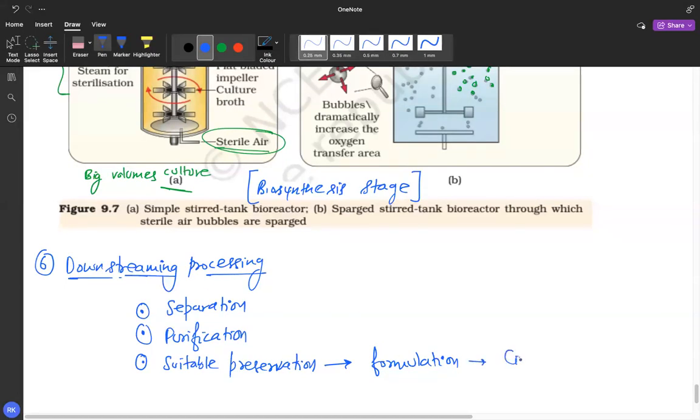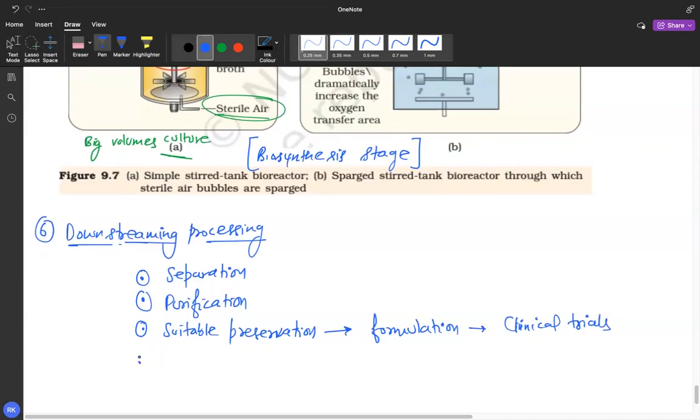For clinical trials. Whatever drug we are making, it has to go through clinical trials, different phases, 1, 2, 3. I think the third is where the human trials are done. Before that, there are animal trials. And if it's a drug, then you need to go through clinical trials, and to go through clinical trials, you have to preserve it in a formulation. Finally, if everything goes well, you do the control testing, also known as the quality control testing.